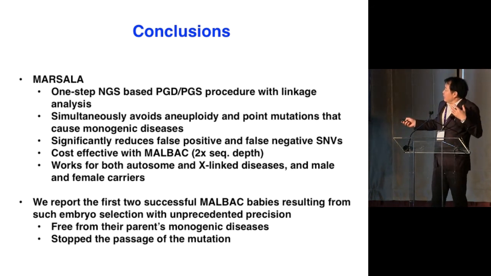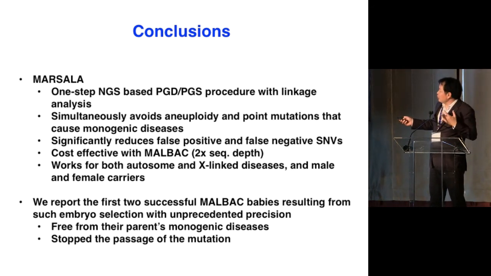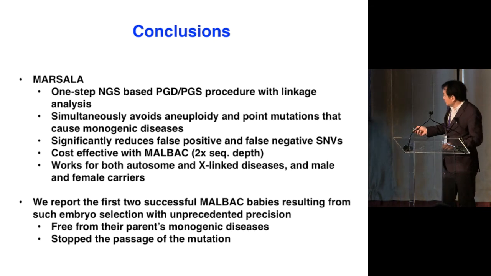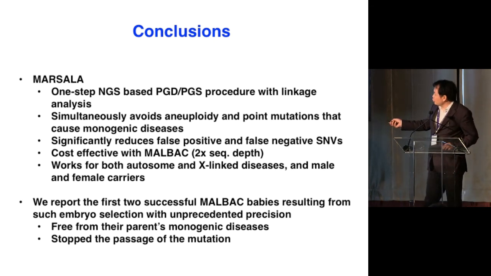And this procedure works for autosome and X-linked diseases and male and female carriers. So these 2 cases were published in our PNAS paper at the end of last year.